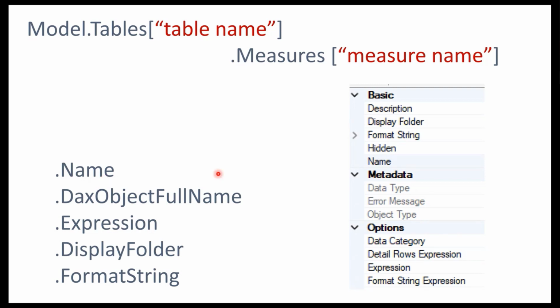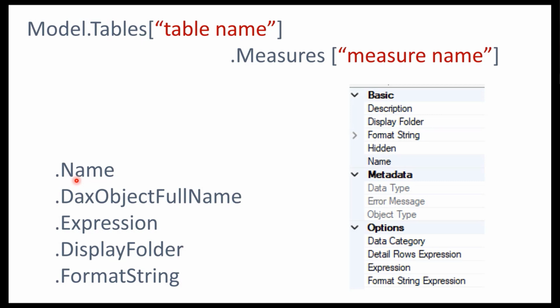Do you know the difference between name and DAX object full name? They seem at first pretty similar because they have name in it, but the name is just the KPI name, the name we see afterwards in Power BI, like KPI sales or something. And DAX object full name is the full name that we are using to call this one object.